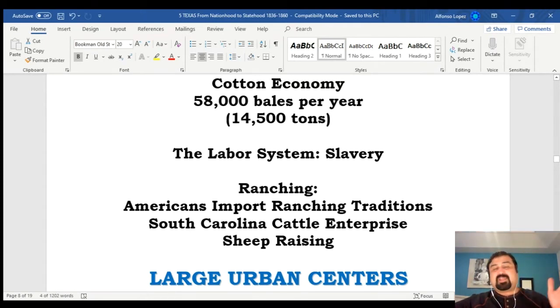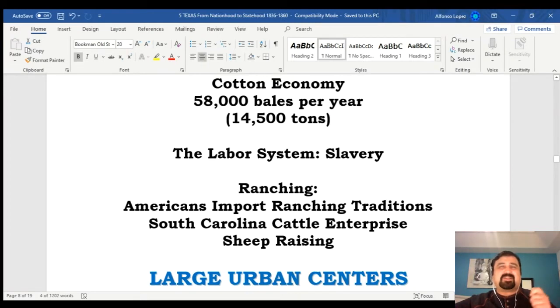But the other side of the coin is that a plantation can also be seen as a labor system. It's an enterprise that has a specific type of labor system in which the workforce, the labor force, is composed of slaves. Okay, it's very different. Here people are not paid wages, like in factories, for example.